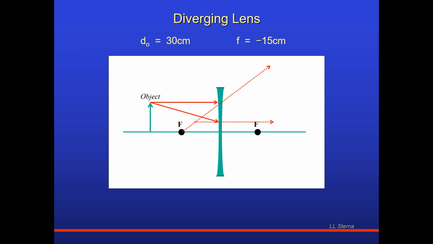It strikes the lens. As it passes through, coming out the left side of the lens, it will appear to come from, or appear to diverge from, the focal point on the right side of the lens. In other words, we use Snell's law on the right side of the lens, Snell's law on the left side of the lens.